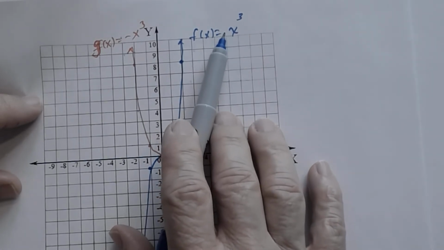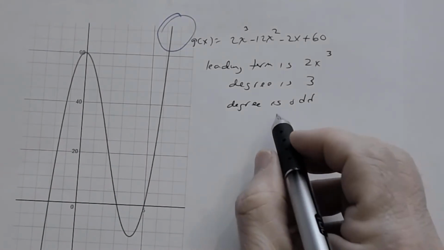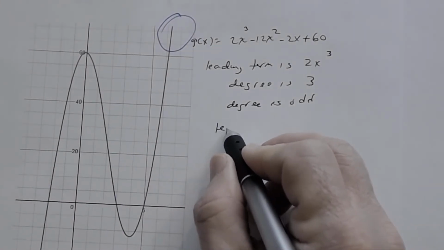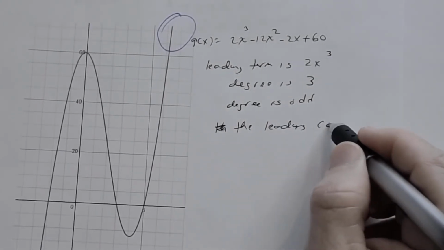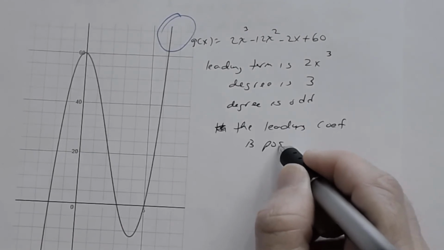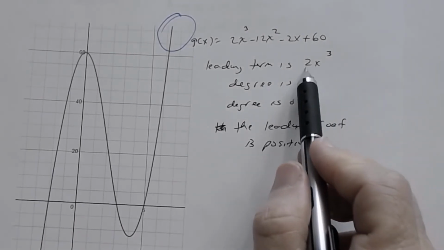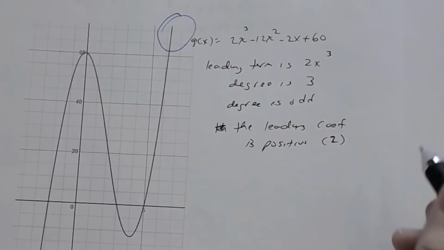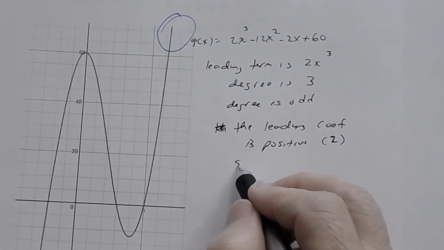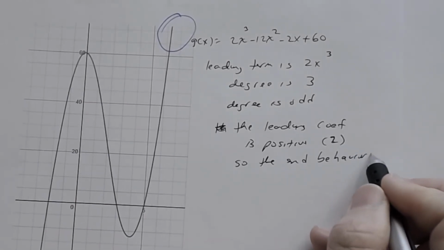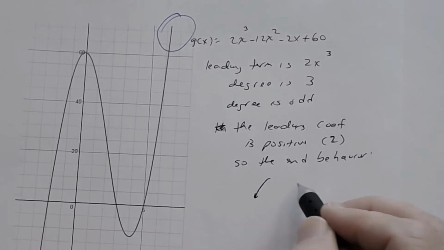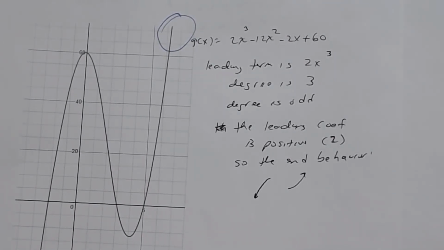So I know that since the leading coefficient is positive, in this case it's 2, the end behavior will be this. On the left side, it points down. On the right side, it points up. Left side, right side.